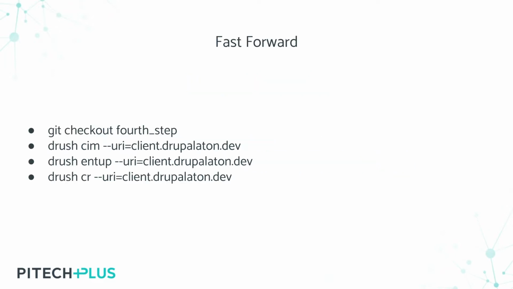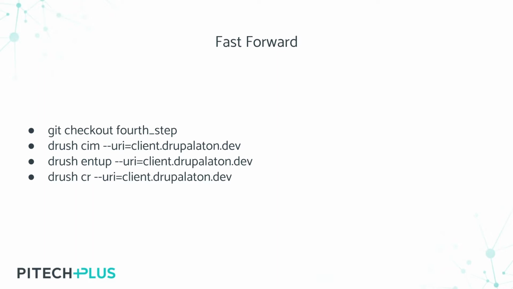let's just skip ahead. If you have staged changes, you can commit those to the current branch that you are on. And please check out the branch called fourth step and run those Drush commands.